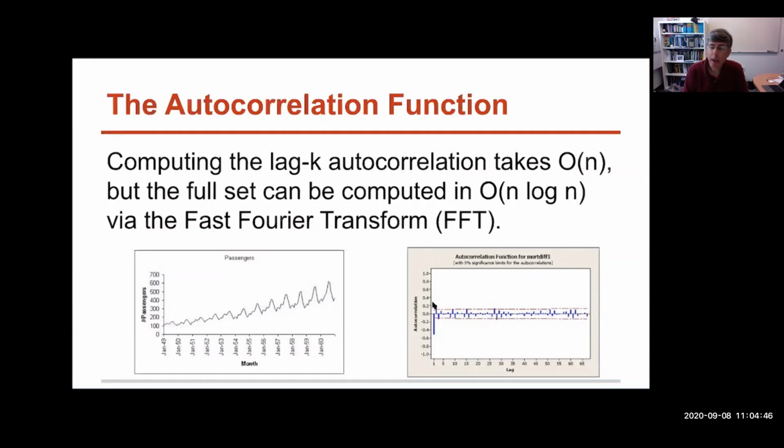And if there's a strong lag 7 autocorrelation, that tells me that the week ago value might be a better basis for predictions than yesterday. Any questions about these lags?